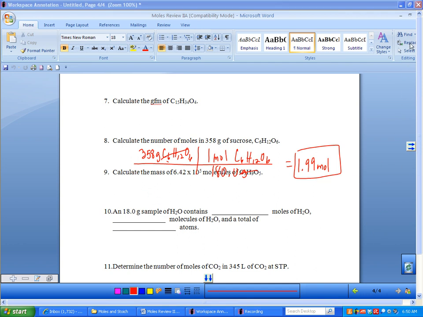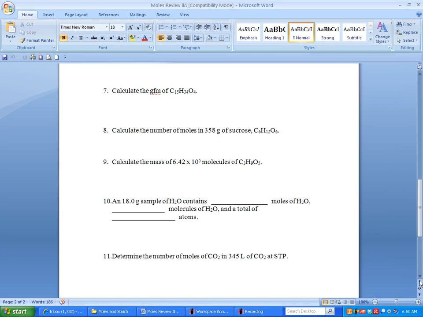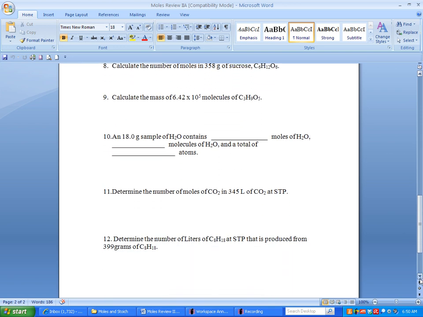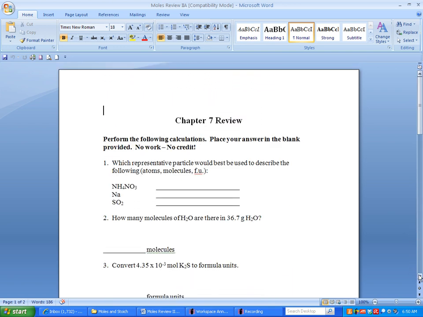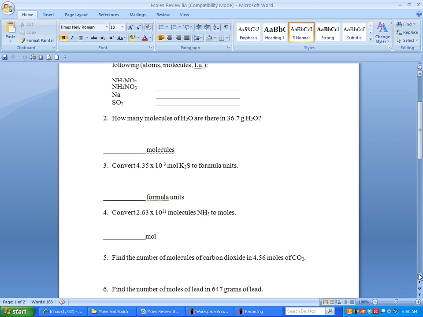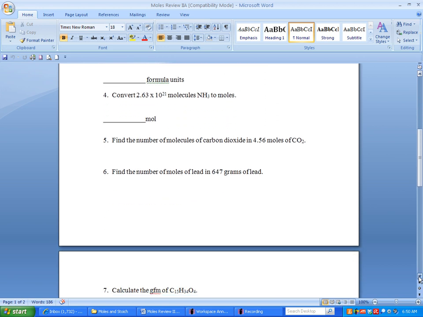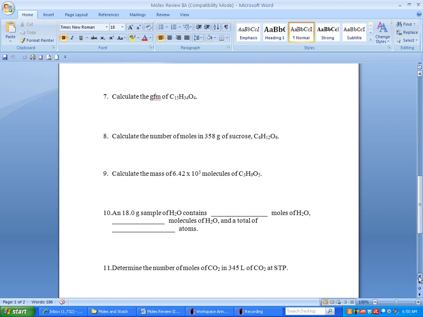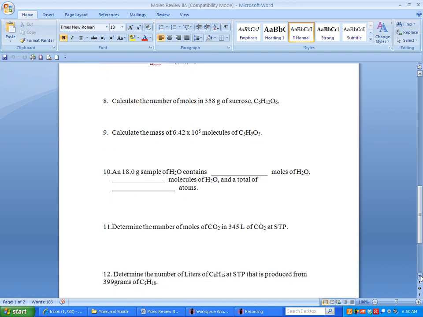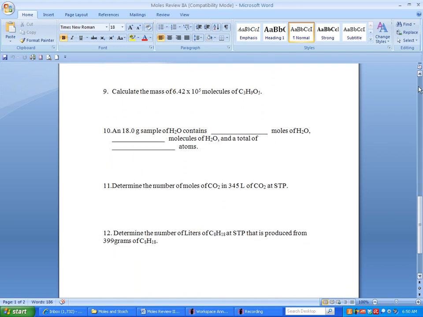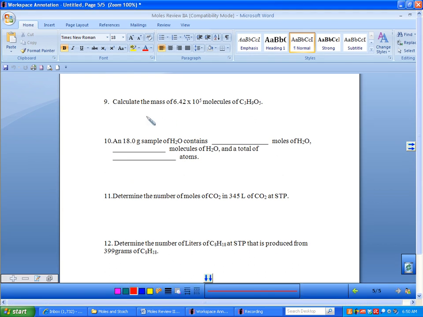Okay, number 9. Number 9 asks you to calculate the mass of 6.42 times 10 to the 5th molecules of C3H9O5. So I have 3 carbons, each of them are 12 grams.